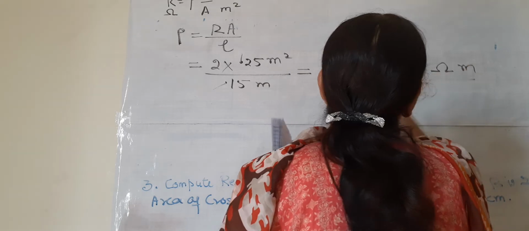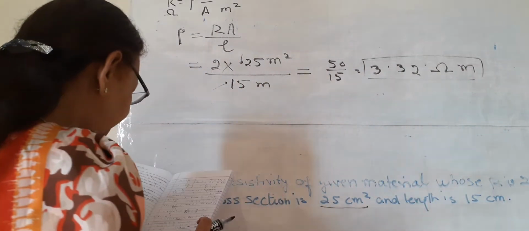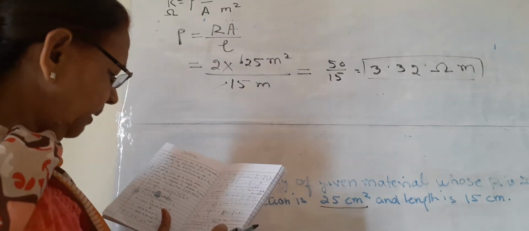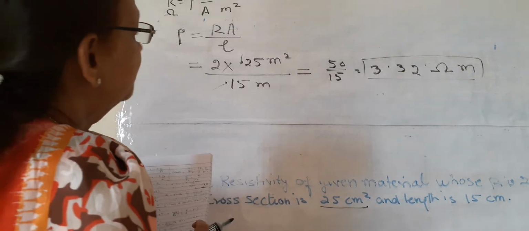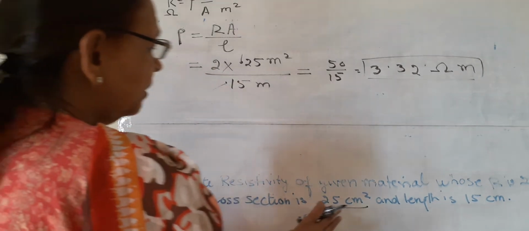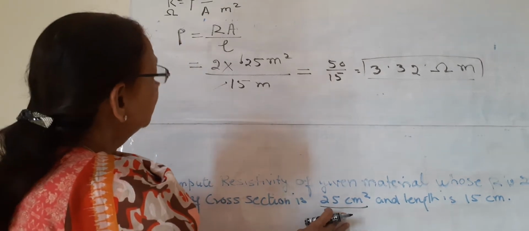So this is the answer. This is resistivity. 3.33 ohm meter is the resistivity of the material. So this is a quite simple question. Here area is given, convert it into meter.